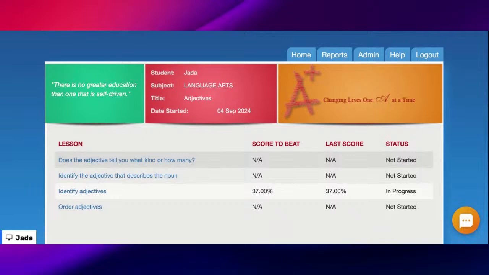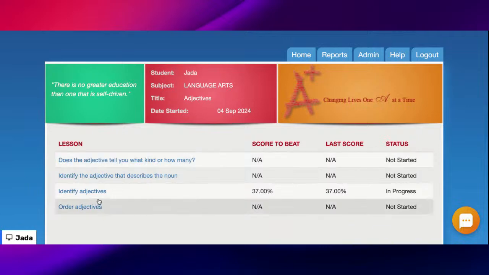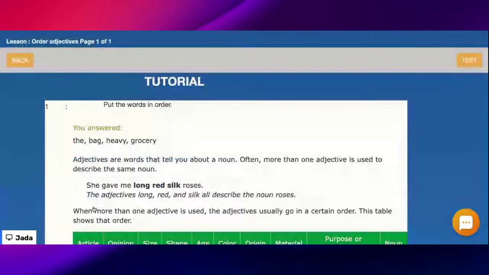Okay, it's okay. So let's move on to the last, which is other adjectives.